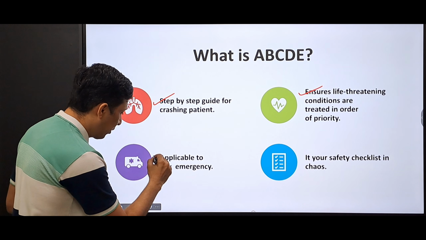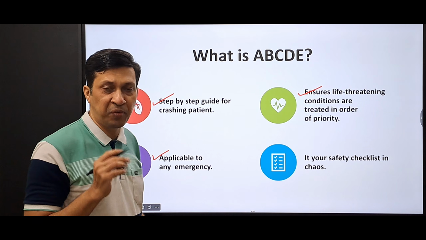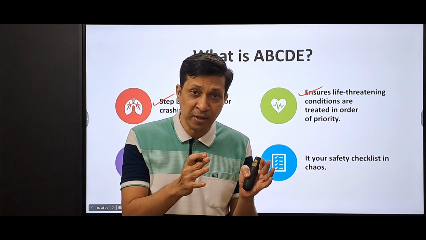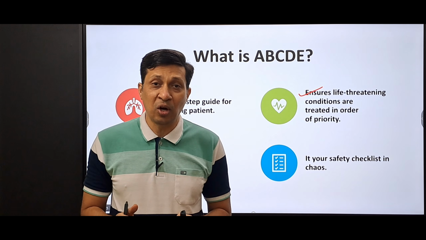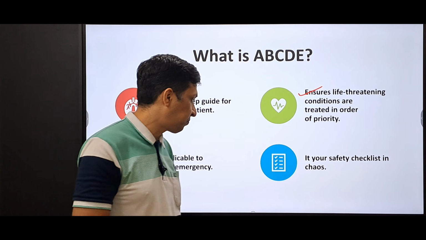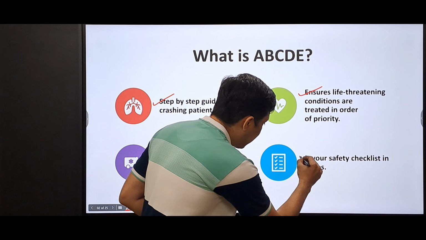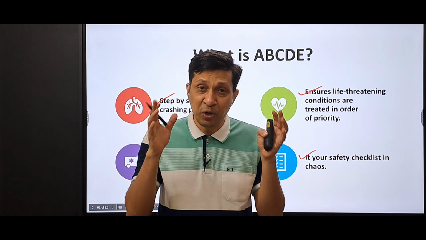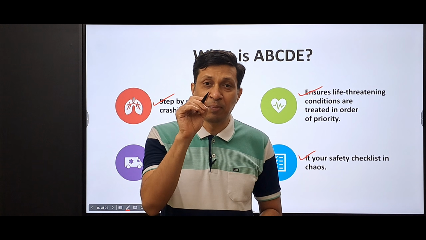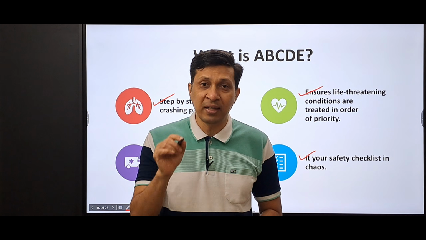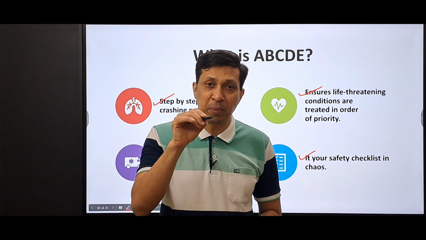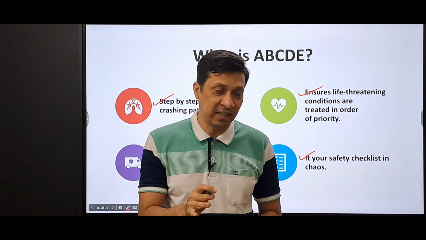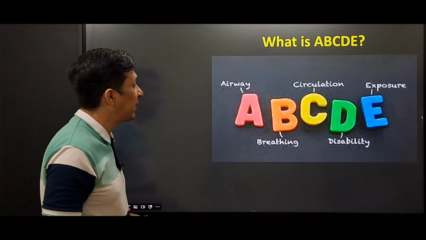It is applicable to any type of emergency, whether that emergency is in the ward, in the casualty, or even on the road. It is your safety checklist in the chaos. When there is chaos everywhere and you have to manage the patient, you simply check in that order of priority whether you have checked A, B, C, D and E. So what is this ABCDE?